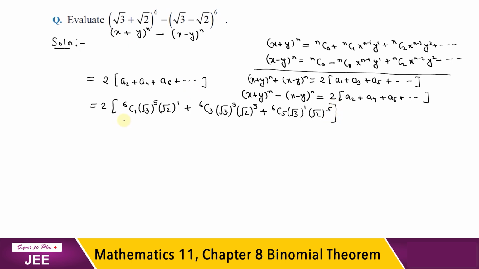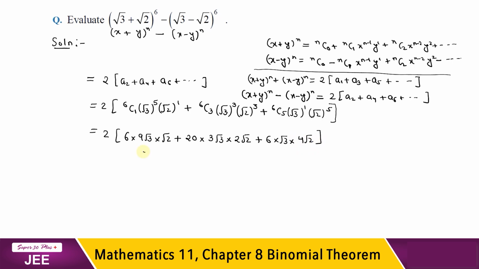So now we have to just perform the calculation part. So this becomes 2 times: 6c1 is 6 and root 3 whole raised to the power 5 becomes 9 root 3, multiplied by root 2; 6c3 will be equal to 20, root 3 raised to the power 3 will be 3 root 3 and this becomes 2 root 2; 6c5 is again 6, and we have 1 root 3, and then we have 4 root 2.